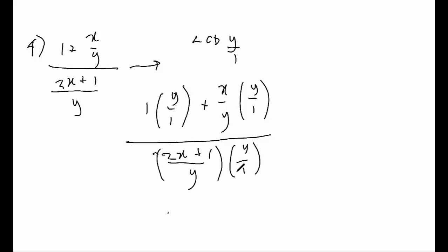Okay, so here I end up with, on the top, these y's cancel out. These y's cancel out. So it turns out I go y plus x over 2x plus 1.